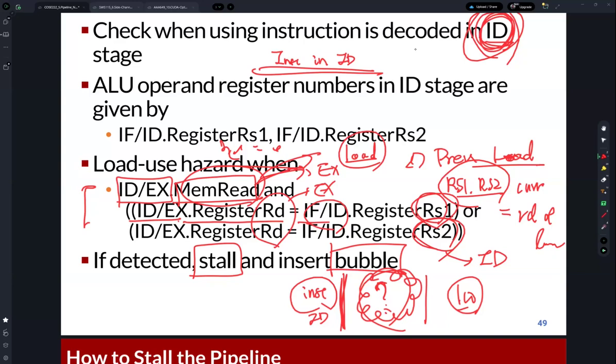If we set reg write to 1, then the register is updated. If we set mem write to 1, then memory is updated. So using the control signals, we can control the updates of the architectural states. So if we make all control signals zeros, then we can make a bubble. So nothing, do nothing.